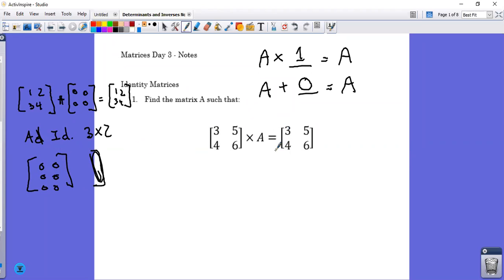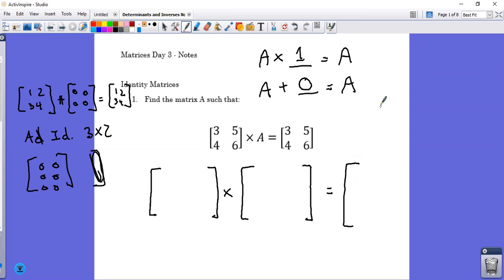But since multiplication is weird and we do row times column, for the multiplicative identity, if you're going to multiply a 2 by 2 and end up with another 2 by 2, then you have to multiply it by a 2 by 2.